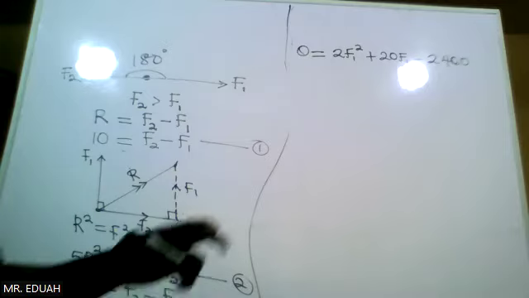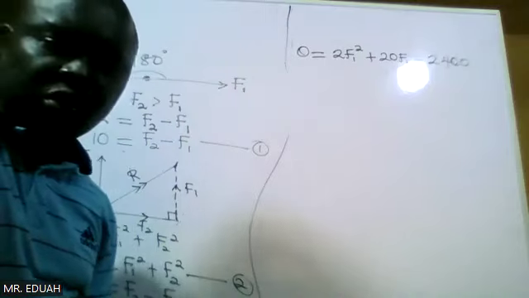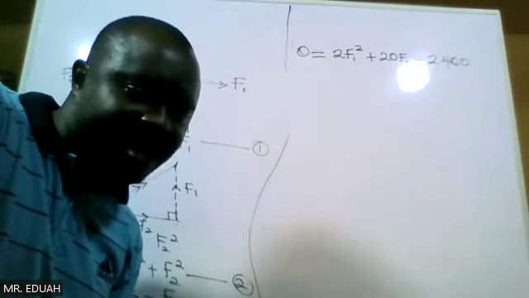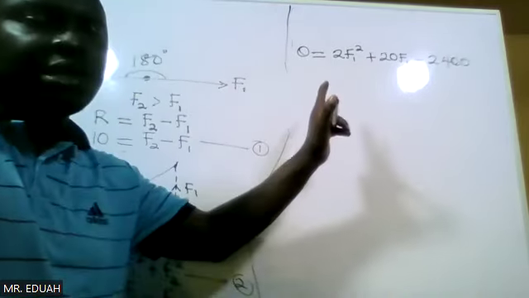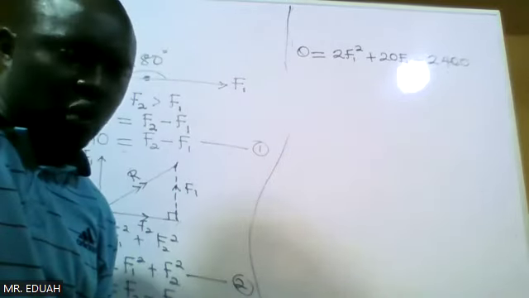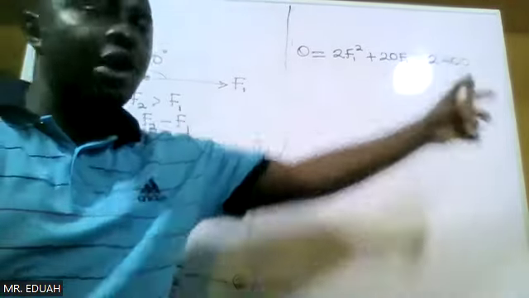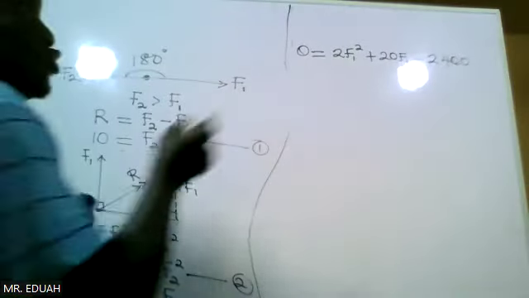When you have such terms, you don't work with large values. You must open your eyes so that if you can reduce the coefficient down to the least term, you do so. 2 can go into all the coefficients here, so divide through by 2.